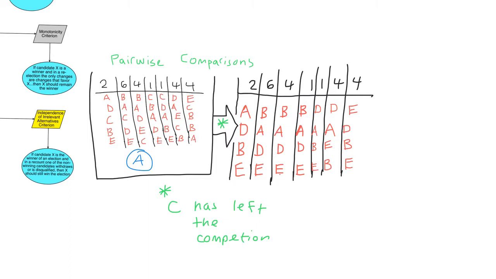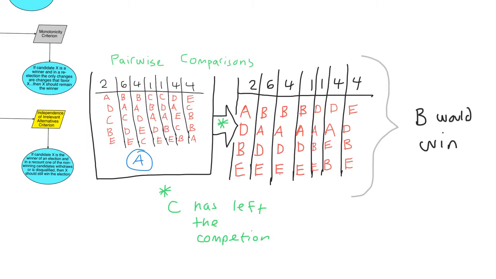And now, in this case, B would win. B would win if we were to use pairwise comparisons again with the new preference schedule.